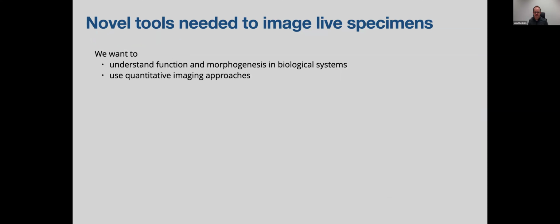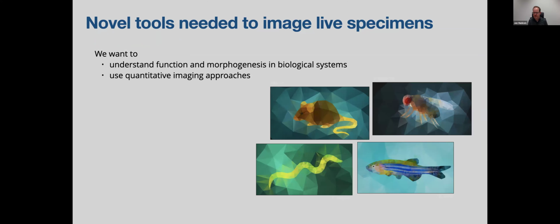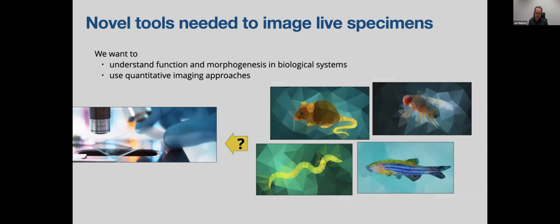If, generally speaking, you want to understand function and morphogenesis in biological systems with quantitative imaging approaches, you basically end up trying to image things alive. You're trying to image whole organisms, embryos alive, and you have to do so very gently. So you're suddenly facing a lot of challenges in terms of sample mounting, image analysis, etc. And at least for the last decade or two, there was absolutely no such instrument available.